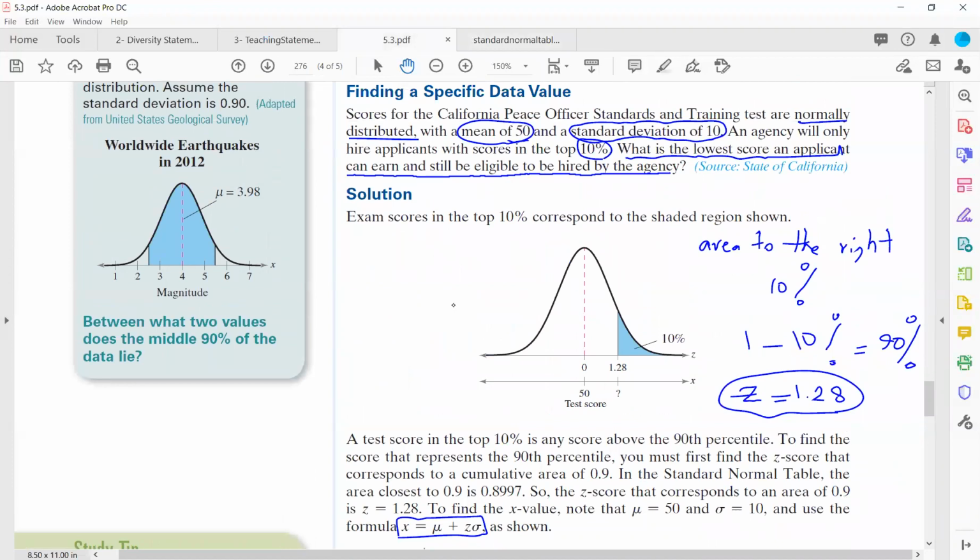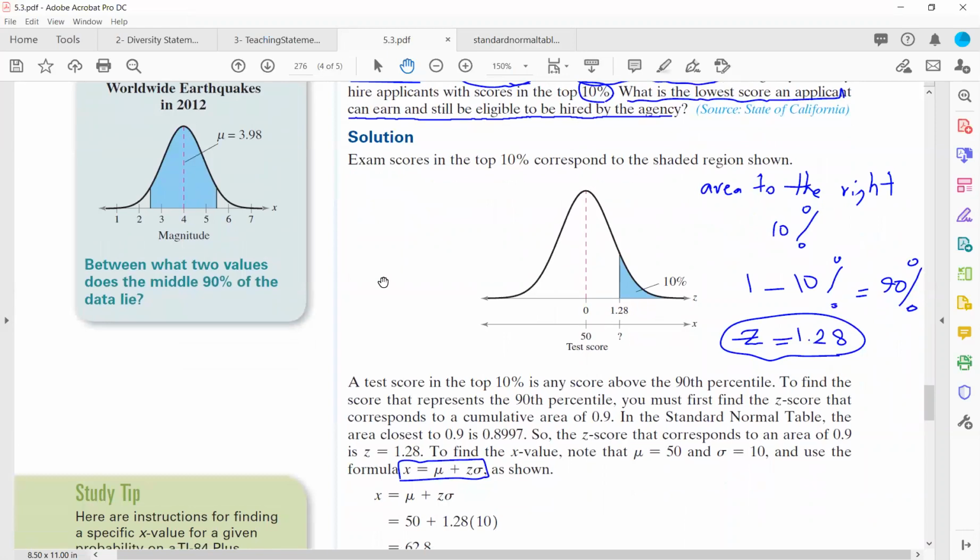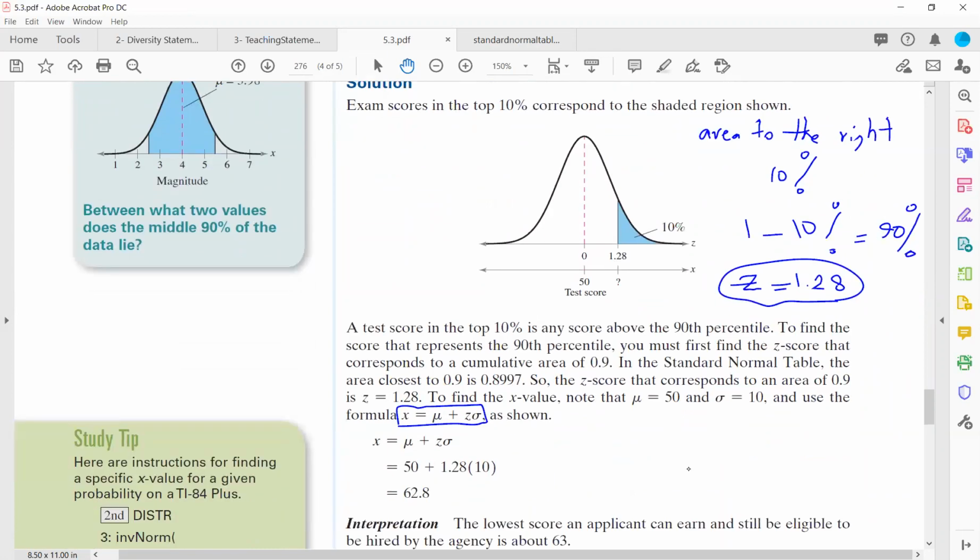My mean, mu, is 50. Z, we just found using the table, is 1.28. And sigma, the standard deviation, is also given in the question.